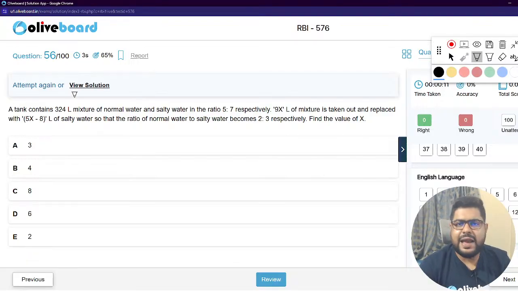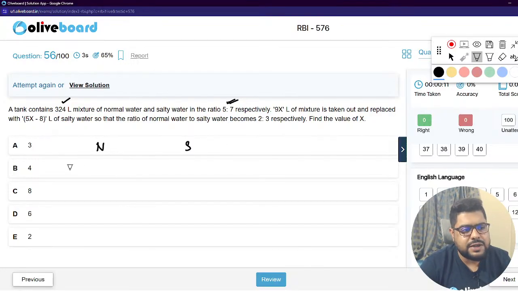Now, the first question: a tank has a 324 liter mixture of normal water and salty water, in the ratio 5:7.